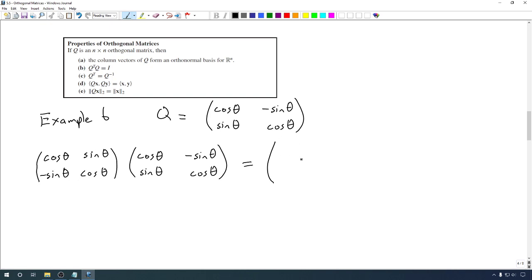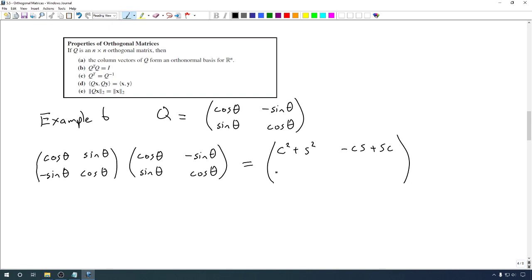But what do we have in this first slot? We have cosine times cosine plus sine times sine. So C squared plus S squared. In the next slot, we still are working with the same first row with the second column, so cosine times negative sine. So we have a negative CS. Then we have plus sine times cosine.